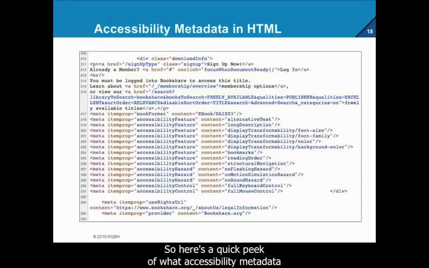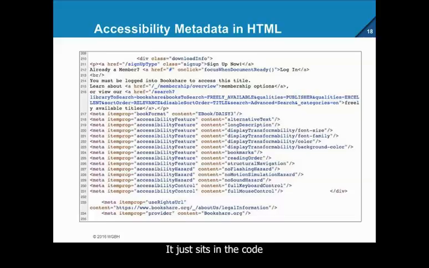So here's a quick peek at what accessibility metadata looks like in HTML. This is a Bookshare book. I think it's one of those Magic Treehouse books like I showed you in the search that has image descriptions. And the way that you code up accessibility metadata is you put these meta itemprop lines in the text. So right in the code of the HTML, you put in the metadata, you list what property you're talking about, like book format or accessibility feature, and then you list the content, like long description or alternative text.